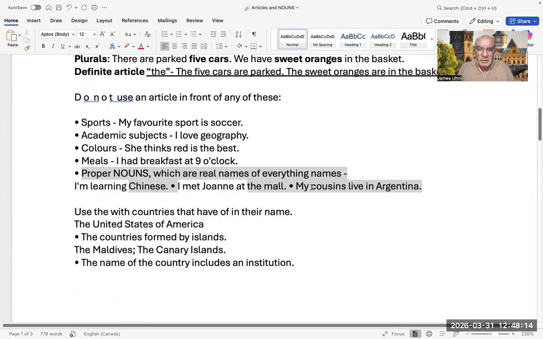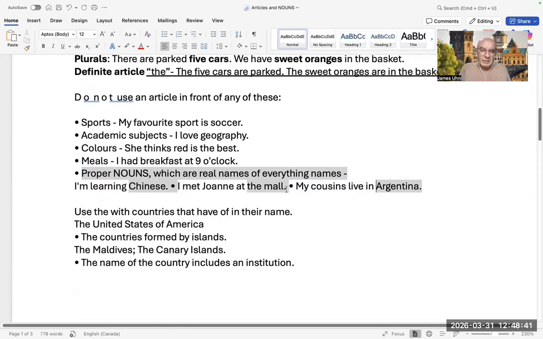My cousin lives in Argentina. My cousin lives in Argentina. So Argentina is actually name of everything. That means everything in Argentina, whether it's trees, grass, cars, or people or animals, it's part of Argentina.